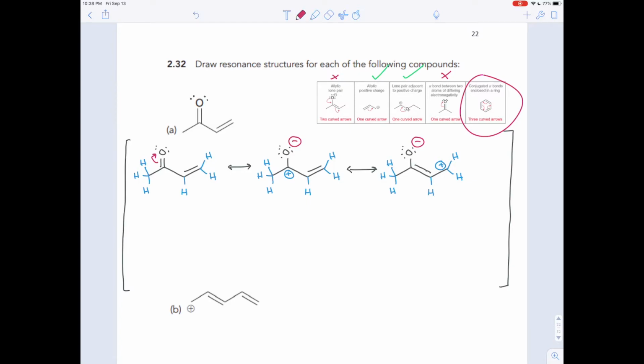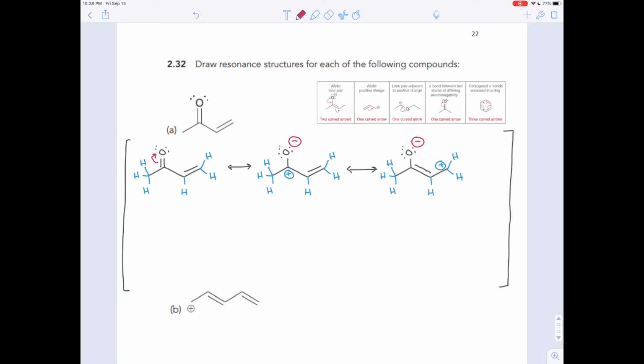We don't even have a ring, so we don't have that there. Okay, so we've drawn all the resonance structures we possibly could from those first 2 structures. So let's go to this third one and go through the 5 patterns with that.